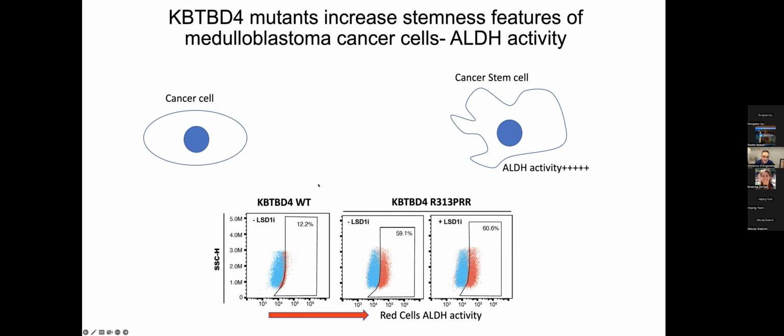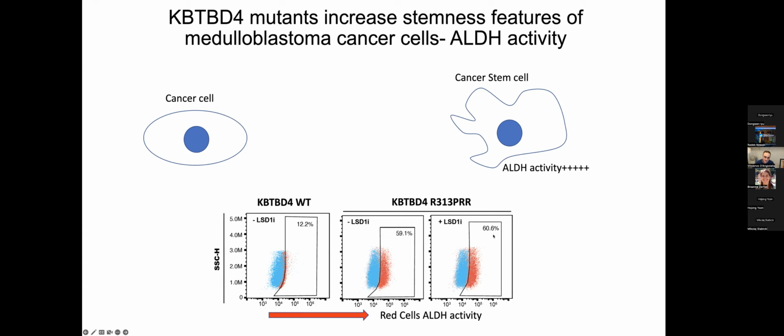When we express the KBTBD4 wild type, the number of cells with aldehyde dehydrogenase activity was only 12%. And when we express the mutant, we observe a striking increase in the number of red cells. And I think this is a representation of the stemness activity of these cells.